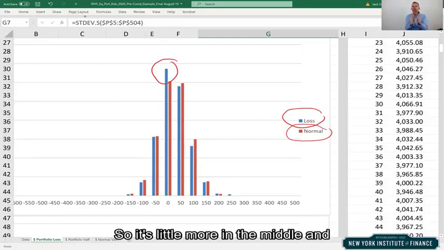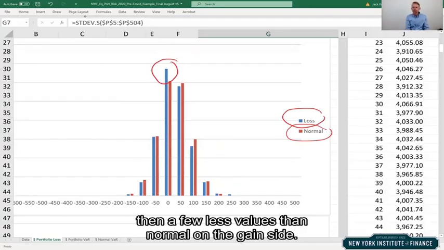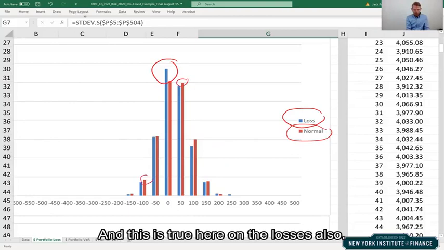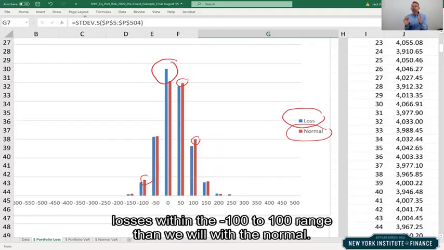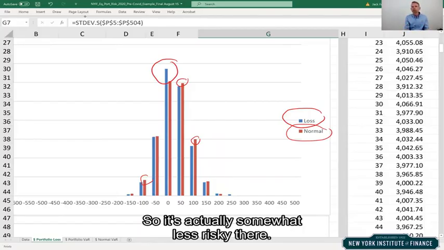So it's a little more in the middle, and then a few less values than normal on the gain side. And this is true here on the losses also. So what we're seeing is that we expect fewer gains and losses within the minus 100 to 100 range than we would with the normal. So it's actually somewhat less risky there.